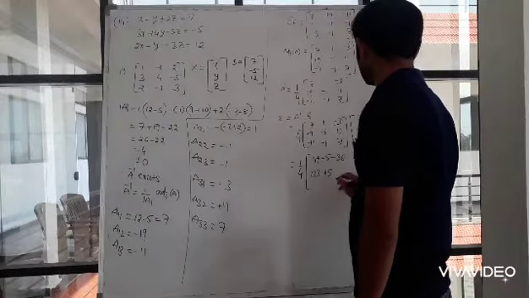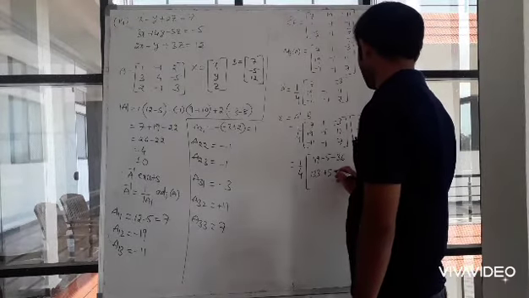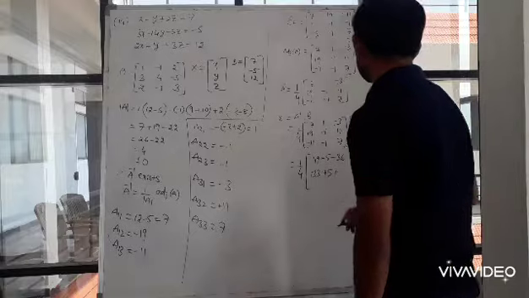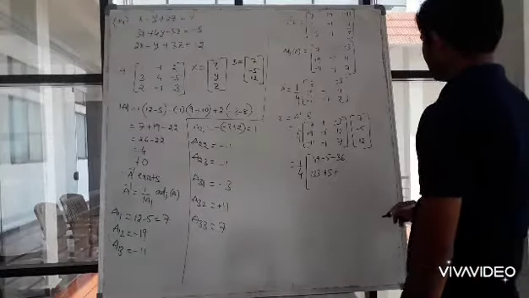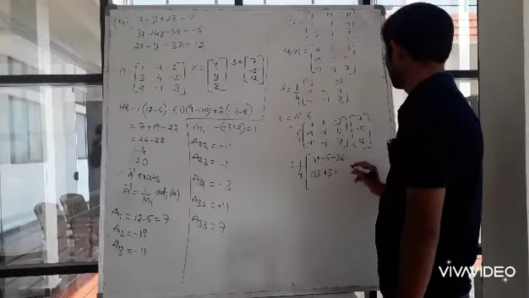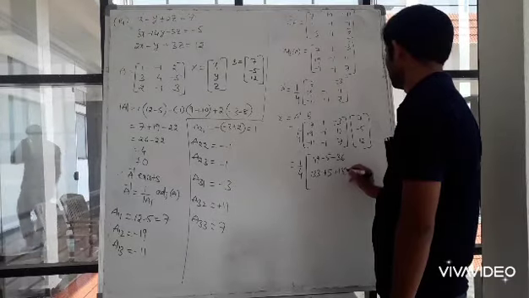Minus 5 into minus 1, plus 5. 12 into 11, what will we get? 132.